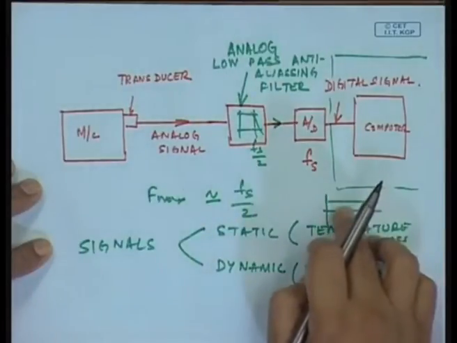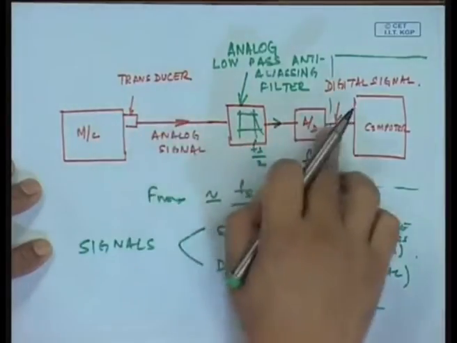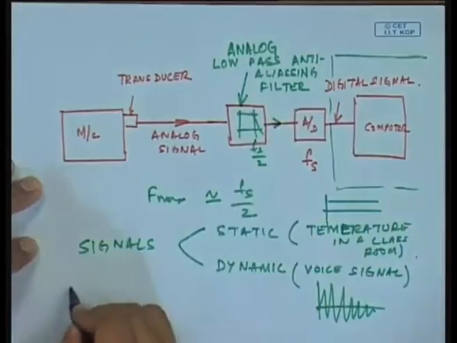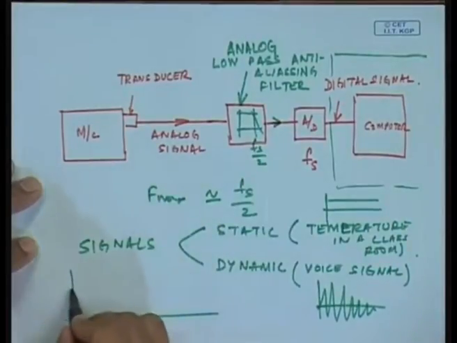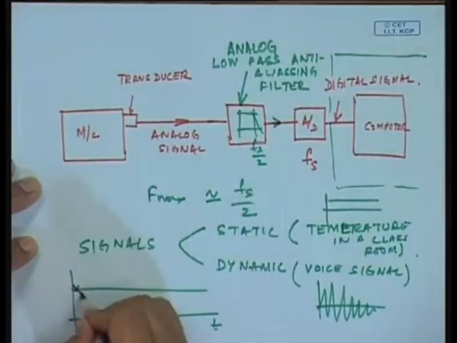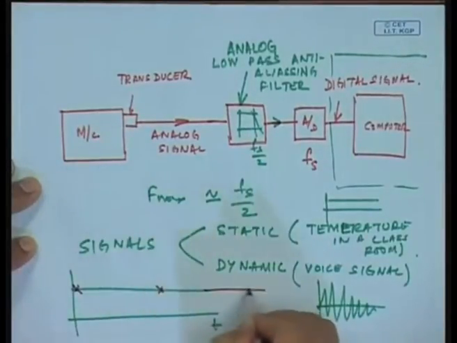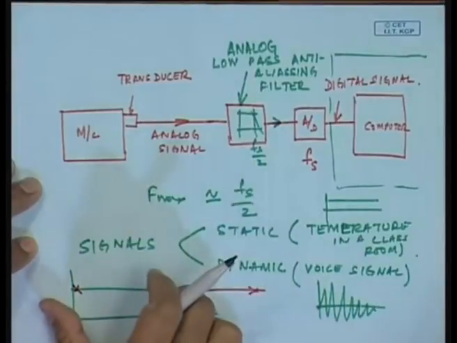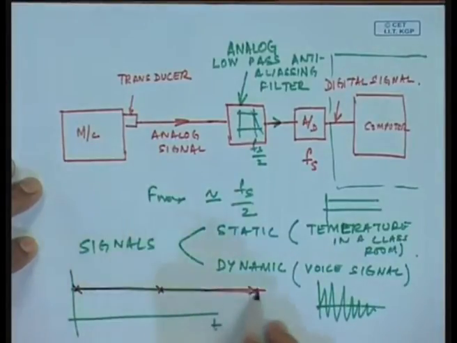So, if I want to do a sampling process on a DC signal, this is my DC signal. I can sample it here, I can sample it here, I can sample it at much lower rates, but the signal is not going to change, isn't it, because it is a DC signal.